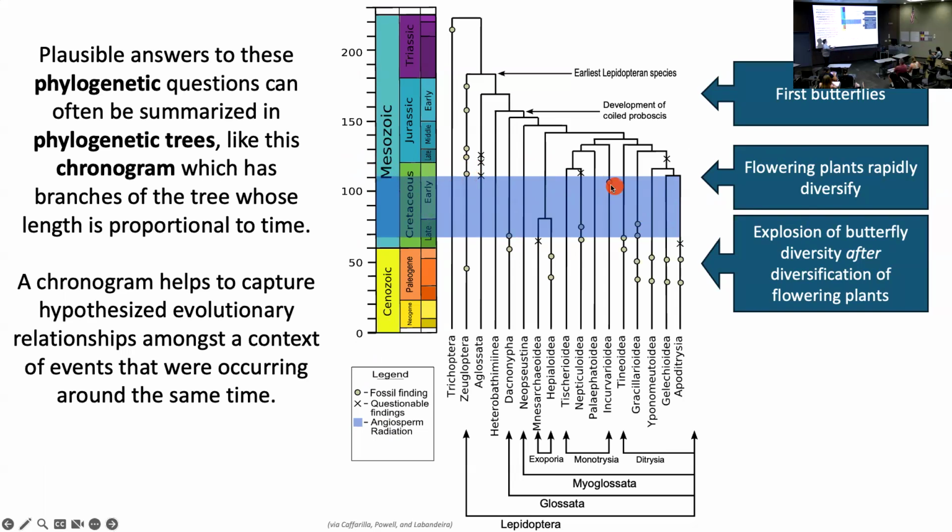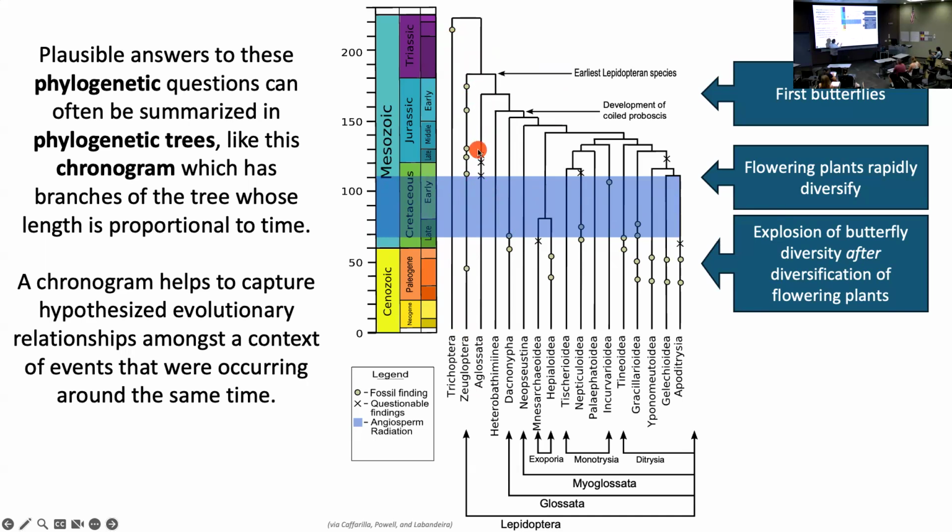This is when you got the rapid diversification of flowering plants. Before that point, the only fossil evidence we had was the basic ones; there was like one butterfly that you can find in the fossil record, and then these sister groups.